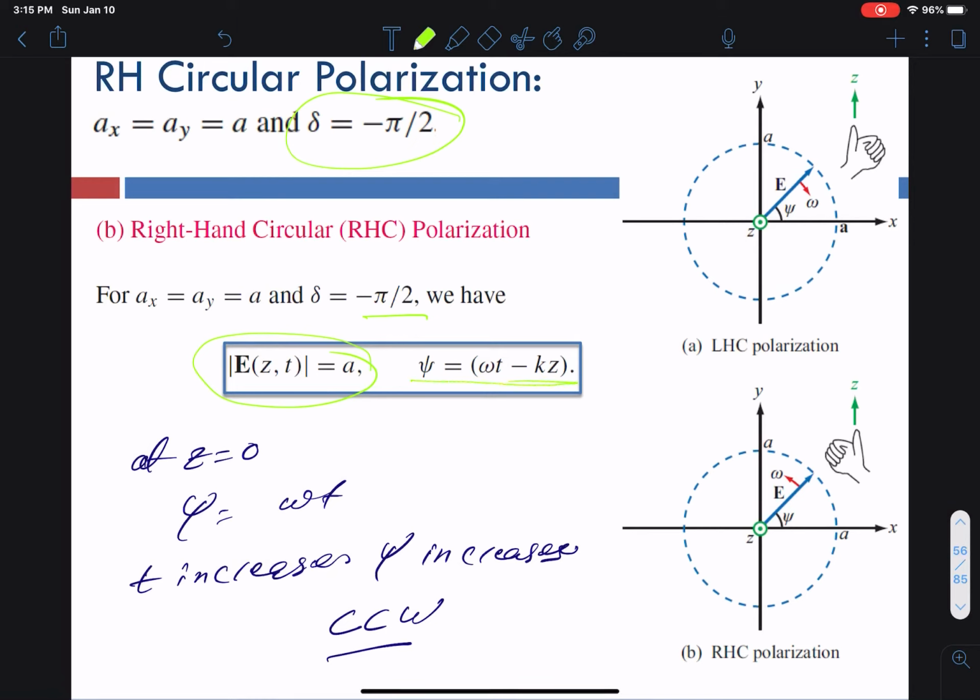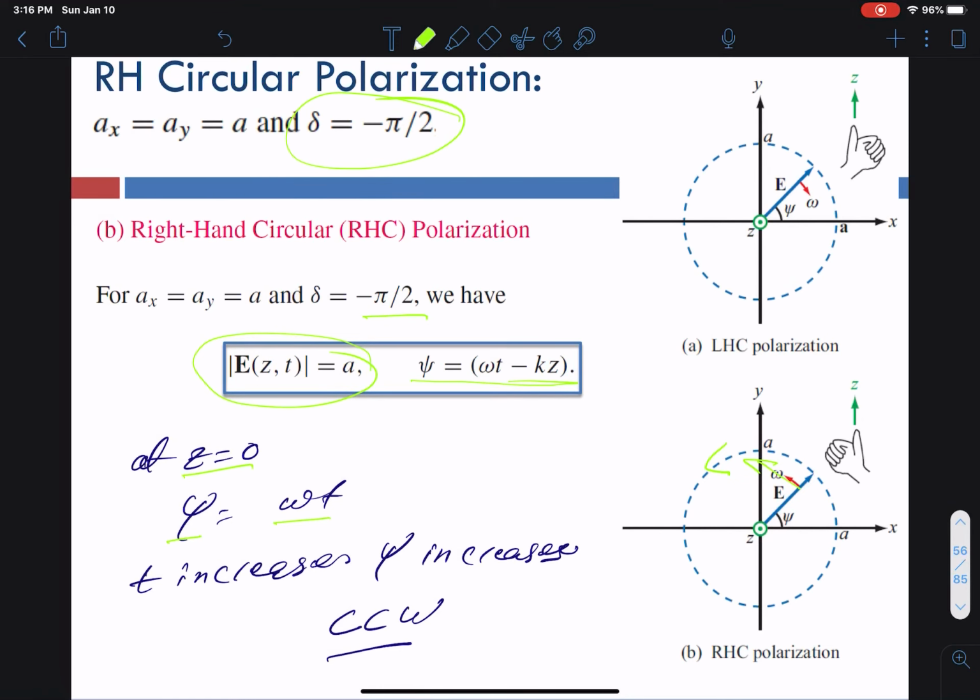That means at z equal to 0, psi is omega t, so as t increases, psi also increases. That means if you go this way, your angle becomes positive, so your tip is moving this way, right? So now the forefinger of your right hand represents the movement of the vector tip, and your thumb gives you the direction of propagation.